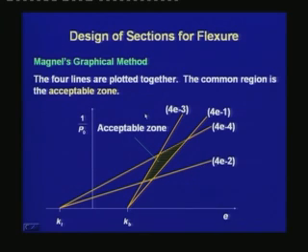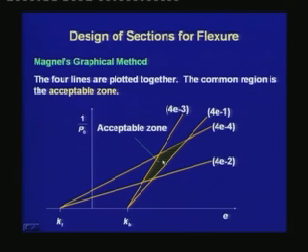Whereas for the stress conditions at service, which are represented by the lines 4E3 and 4E4, any combination which lies below the straight lines is acceptable. The common region which is acceptable for all the 4 stress conditions is the area which lies in between these 4 straight lines, and that region is called the acceptable zone.